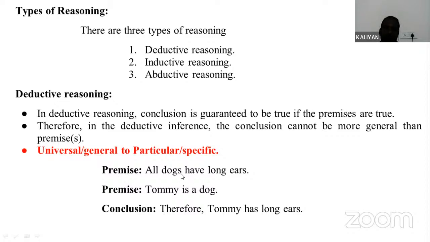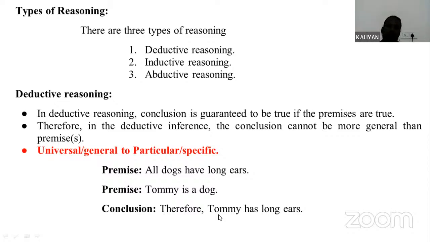Here, all dogs is a general term: all dogs have long ears. The premise is Tommy is a dog, and the conclusion is about Tommy. Tommy is a specific or particular dog, so Tommy has long ears. So the argument goes from general to particular.